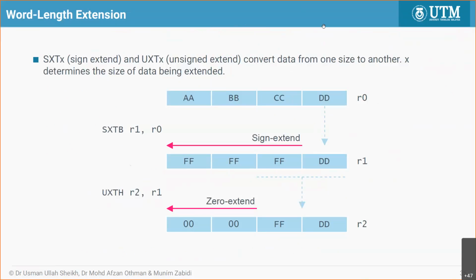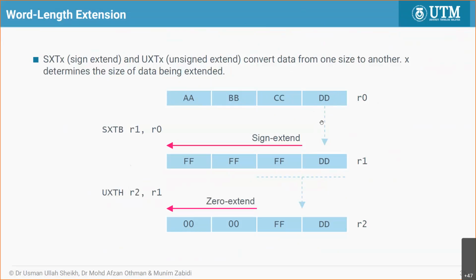All right, so word length extension, we can sign extend or unsigned extend. Here what we're doing is this example. The original is AA, BB, CC, DD, and we do sign extend from byte to word.